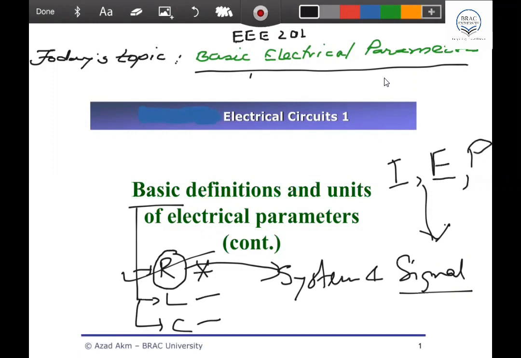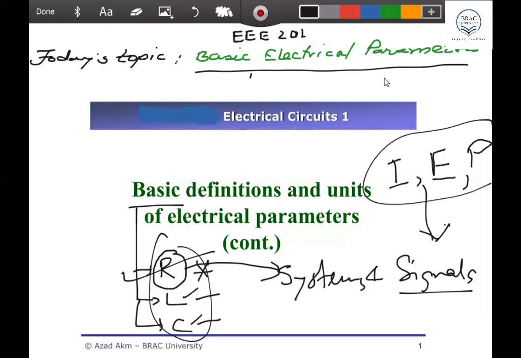These are all signals, and resistor, inductor, capacitor, these are all systems. These are tangible elements, and those are non-tangible parameters.